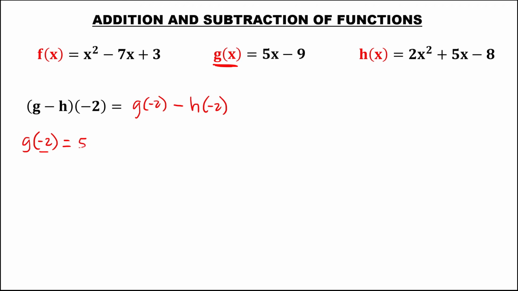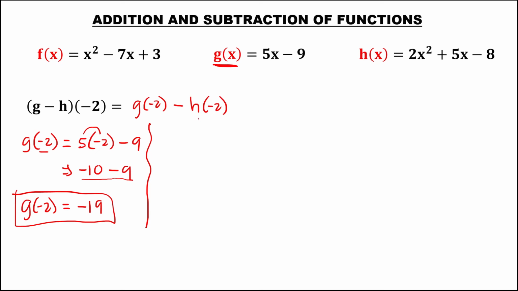So this becomes 5 times negative 2, then minus 9. And 5 times negative 2 is negative 10, then minus 9. So we have now g of negative 2. Since the same negative, you add, this is negative 19.